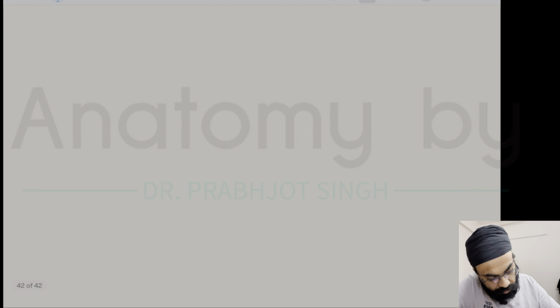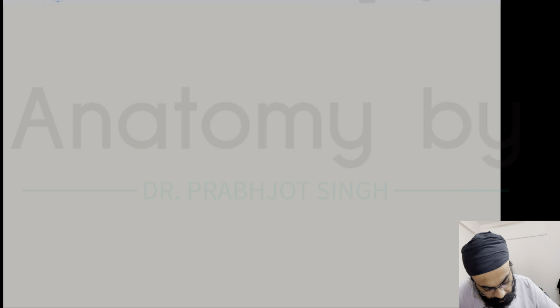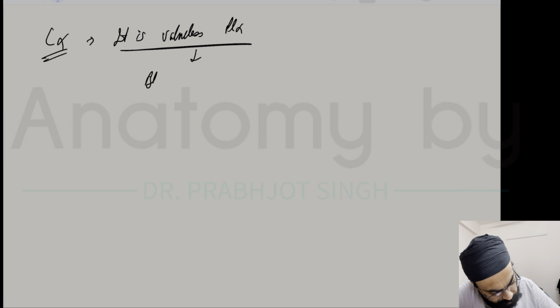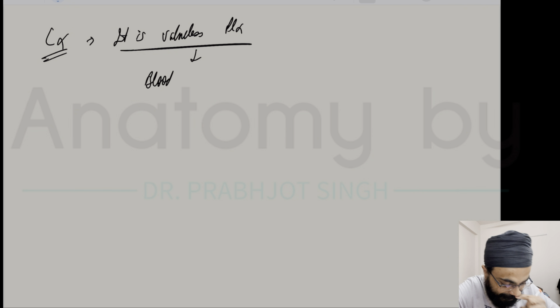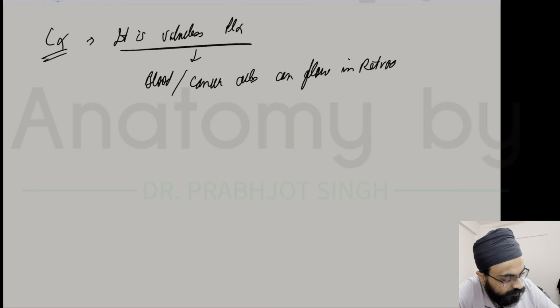Now we know that the Bateson's plexus plays a role in the spread of cancer cells to the brain. Why? Clinical note: it is a valveless plexus, therefore blood or cancer cells can flow in retrograde direction also.